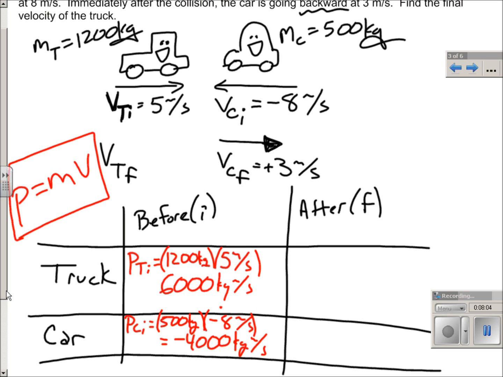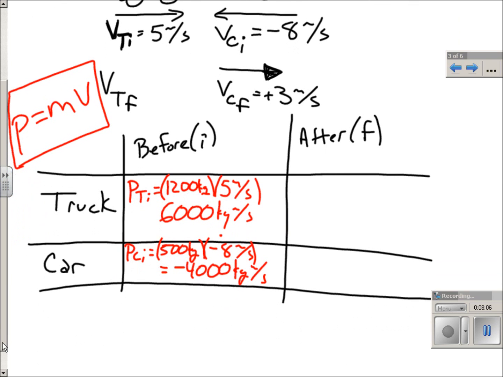Okay, so what do all these numbers mean? Well, this number here represents the momentum of the truck before the collision, and this number represents the momentum of the car before the collision. Now remember, what conservation of momentum tells us is that the total momentum can't change, right? Because the only forces are the car pushing the truck and the truck pushing the car, so we don't have any external forces.